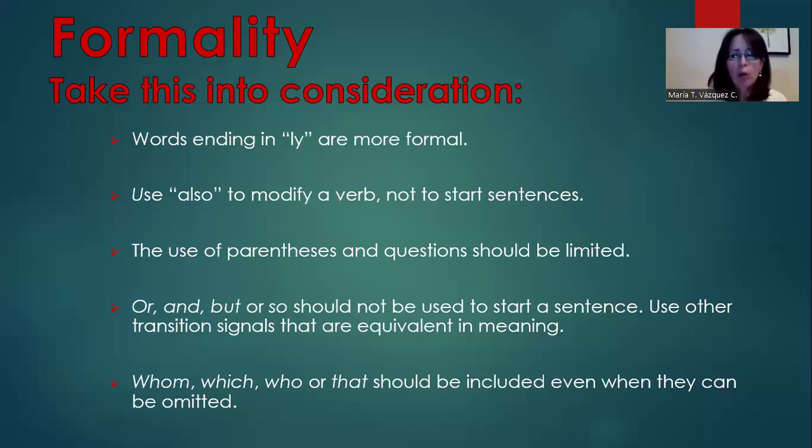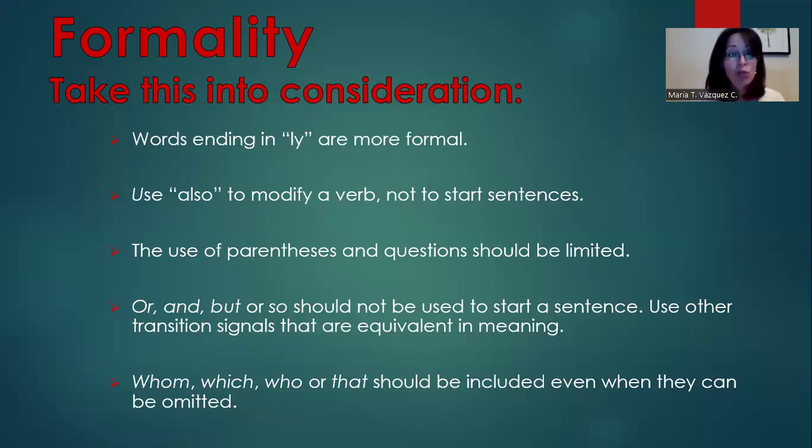The next one is very important. Don't start sentences with or, and, but, or so, because they are informal. Use transition signals that are equivalent in meaning to start sentences. I repeat. For example, instead of using and, you can use furthermore, moreover, in addition, additionally.